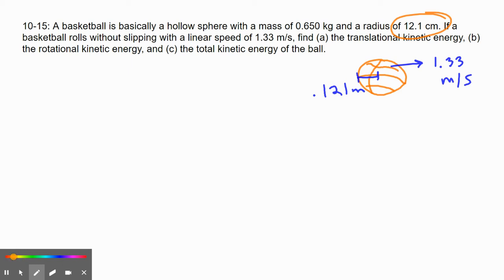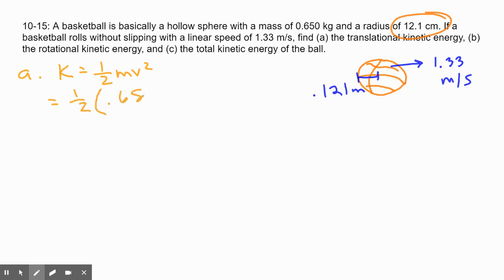Okay, so let's do the first part. Part A, we need to find the translational kinetic energy. And this is going to be the easiest part. Translational kinetic energy means we're just going to use K equals 1/2 mv squared. So the very straightforward kinetic energy formula. It's 1/2 mass, which is 0.650 kilograms, times a velocity.